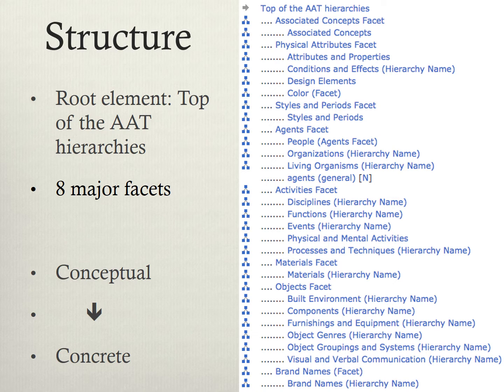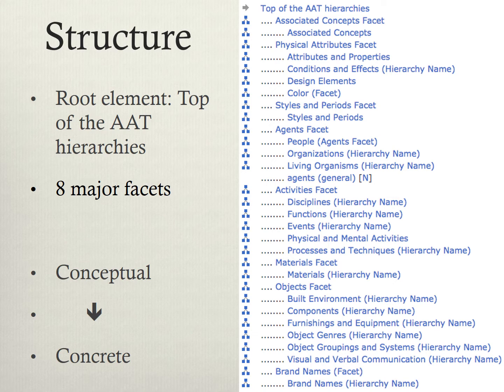It has hierarchical, equivalence, and associative relationships. Those terms per se aren't used in the system, and you won't see the typical indicators of BT, NT, UF, etc. But that doesn't mean the relationships aren't there. They just do not use those indicators for them.